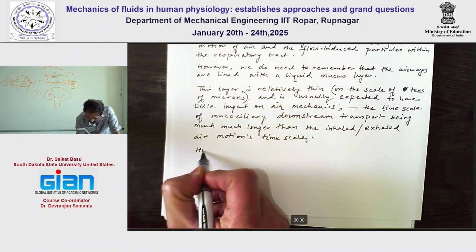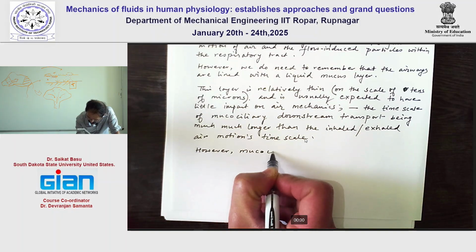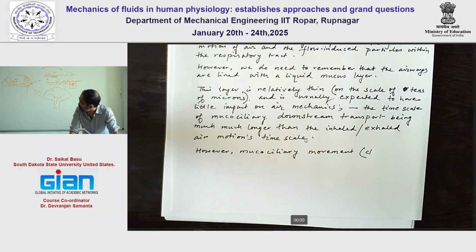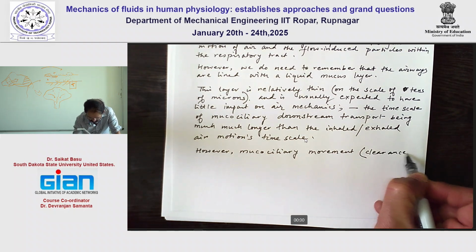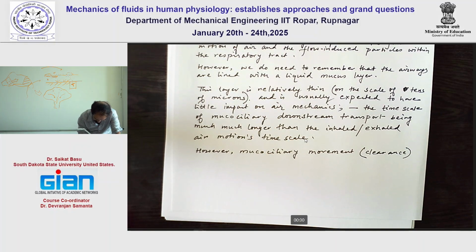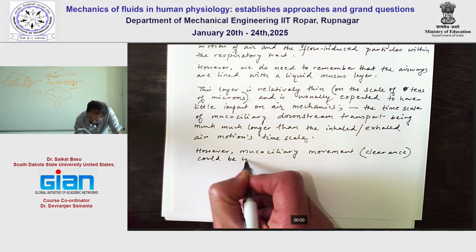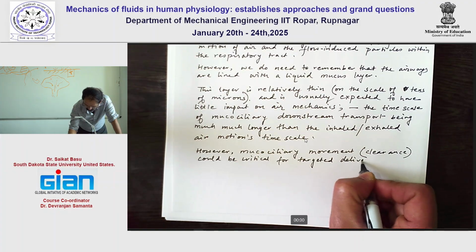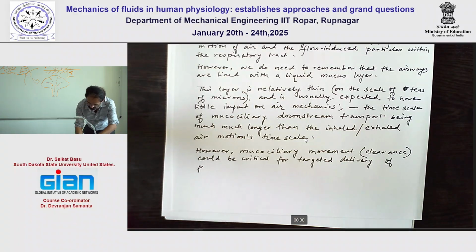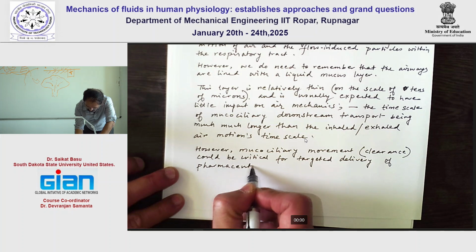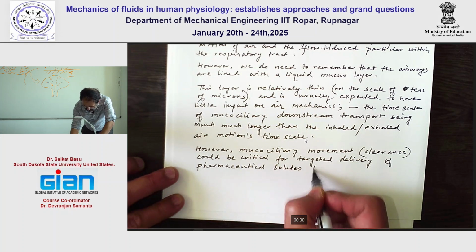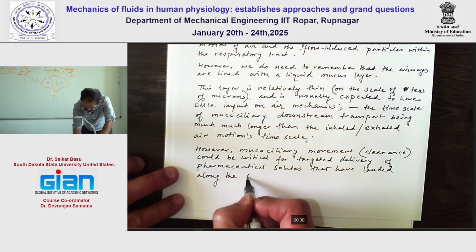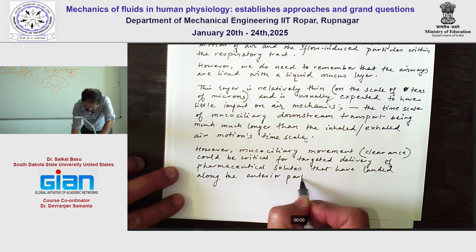However, mucociliary movement, which in many textbooks or papers they would call mucociliary clearance as well, could be critical for targeted delivery of pharmaceutical solutes that have landed along the anterior parts of the airway.